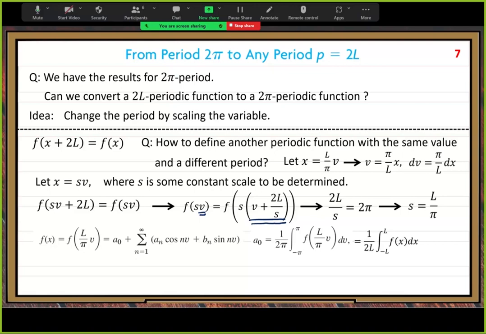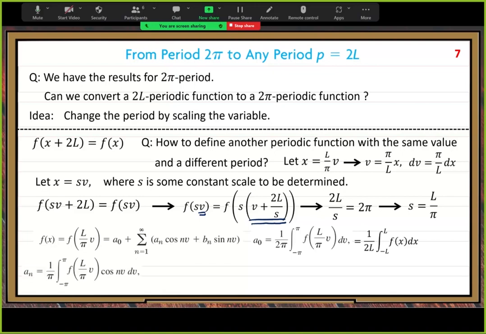Then you can do the variable substitution. Your integral limits this time are from negative L to L, and you have the new integral expression on the 2L interval.